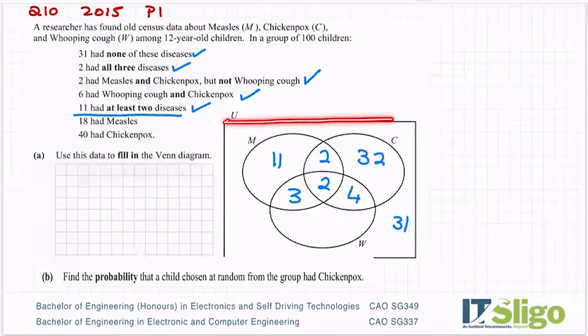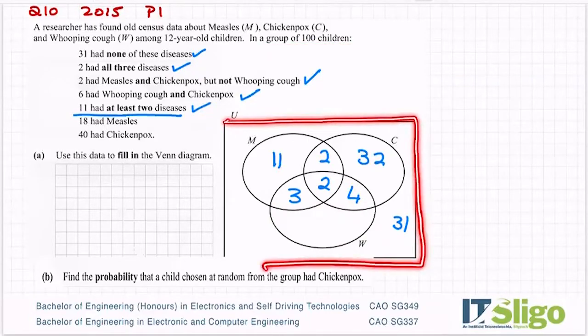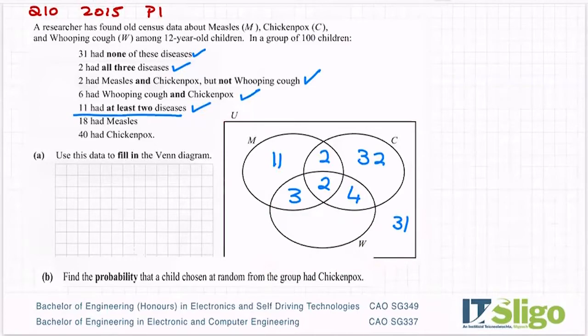Because hash U, maths language. Hash is the number of elements in, so the number of children in the whole set U has to add up to 100.